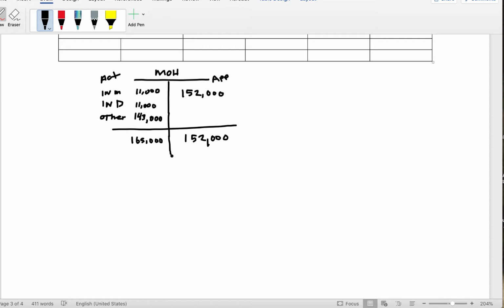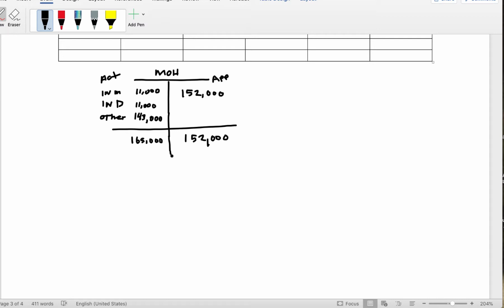So the difference should be 13,000. What that means is that we didn't allocate enough expense.